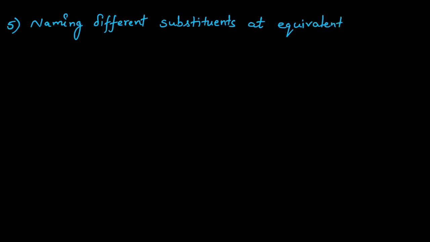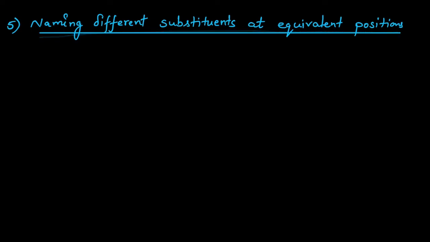Now the next rule is naming different substituents at equivalent positions. This is basically the 6th rule.